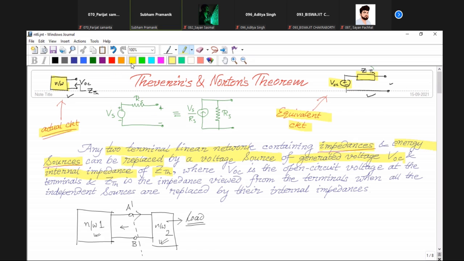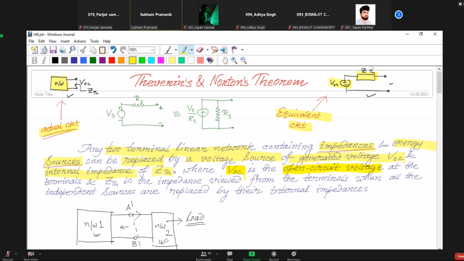What are the significances of those values? VOC is basically the open circuit voltage at the terminal. So if you measure the voltage VOC across these 2 terminals using a voltmeter, that is your open circuit voltage.